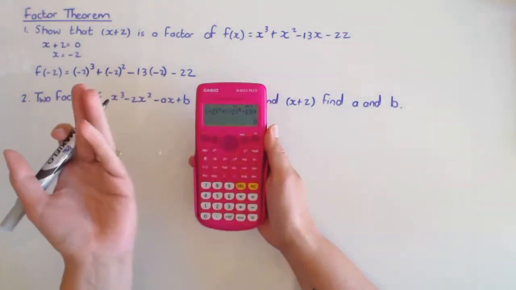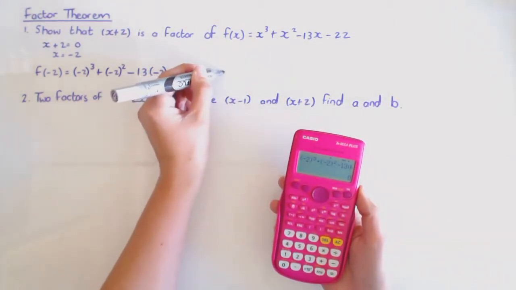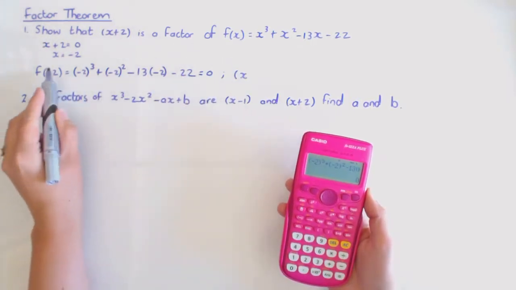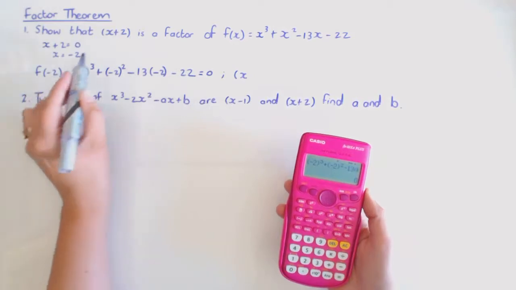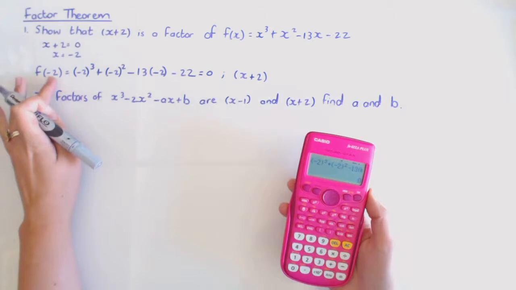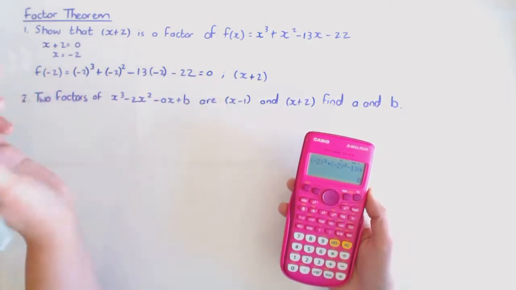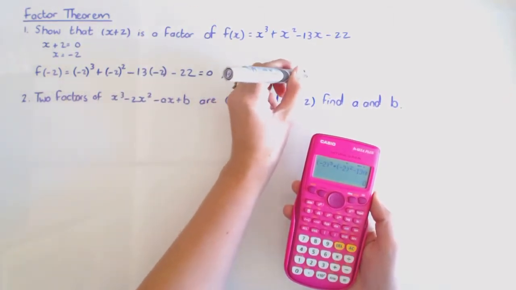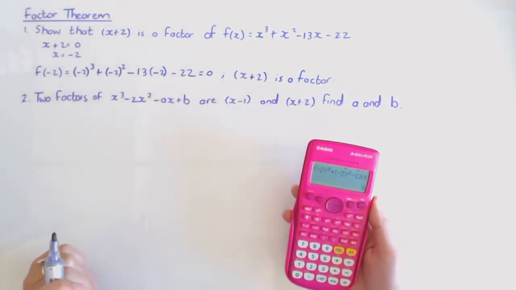Okay, then I get 0. So this gives me 0, and that means that x minus -2, or x plus 2, is a factor. If you substitute the value in and you get 0, then x minus this value, which is x plus 2, is a factor. This is basically the result of the factor theorem.